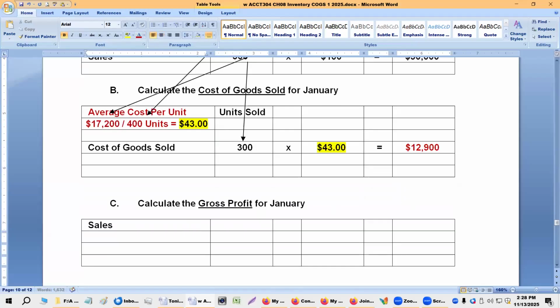So sales 30,000. One. Here we go. Cost of goods sold.